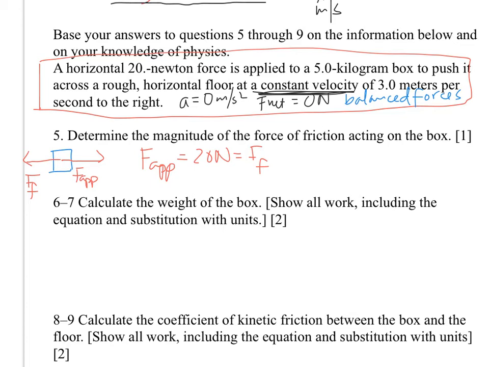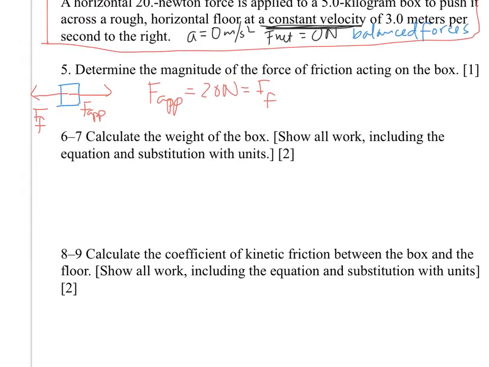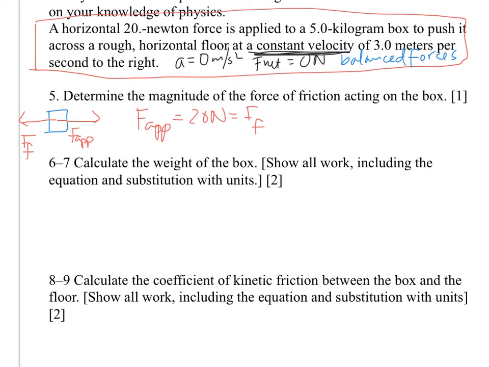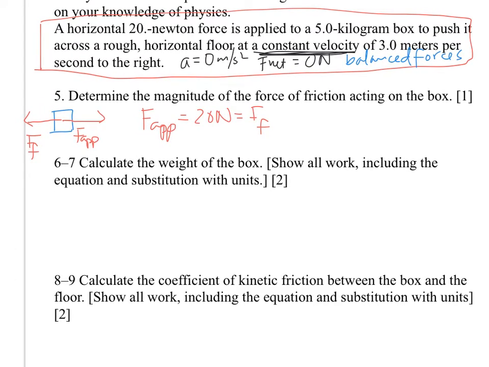Okay, now 6 through 7, calculate the weight of the box. So we have a 5 kilogram box, so our mass is 5 kilograms. And to find the weight, we use this equation.